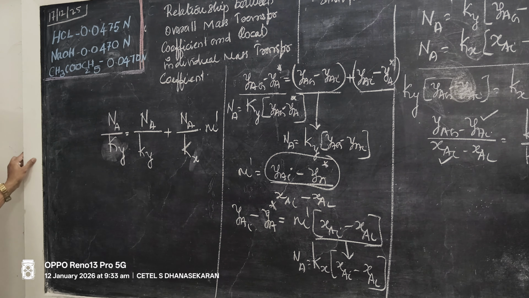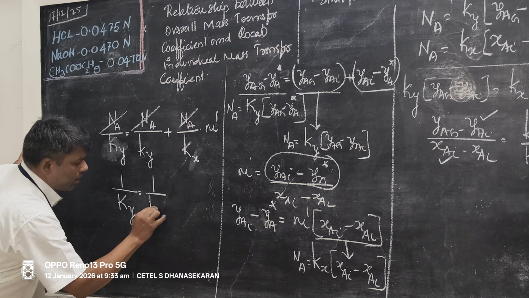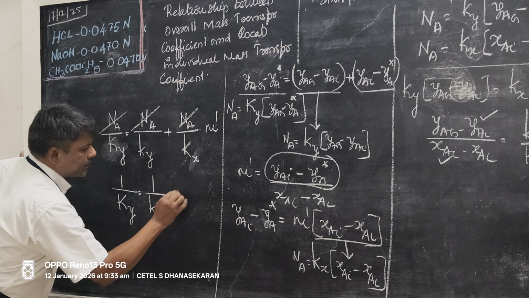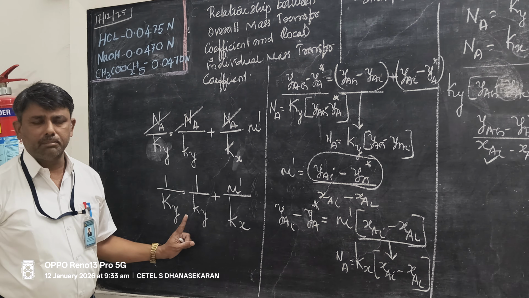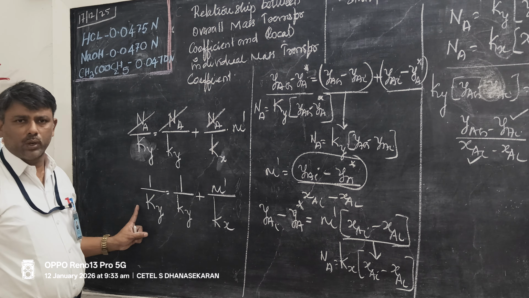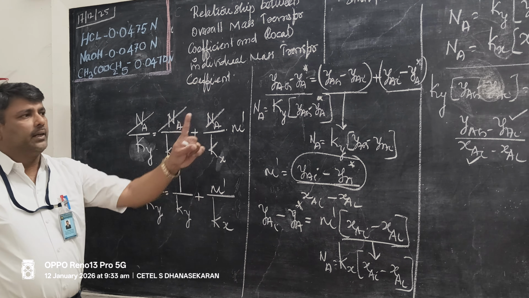Again, NA gets cancelled uniformly. So 1 divided by capital K suffix y is equal to 1 divided by small k suffix y plus m prime divided by small k suffix x. This is the gas phase relationship between the individual coefficient and the overall coefficient. This is only for the gas phase. Similarly, I can write the liquid phase equation.